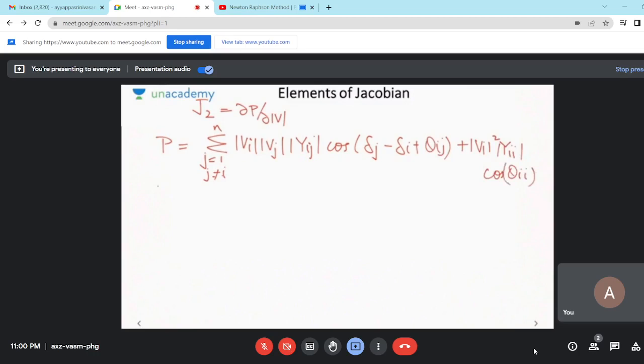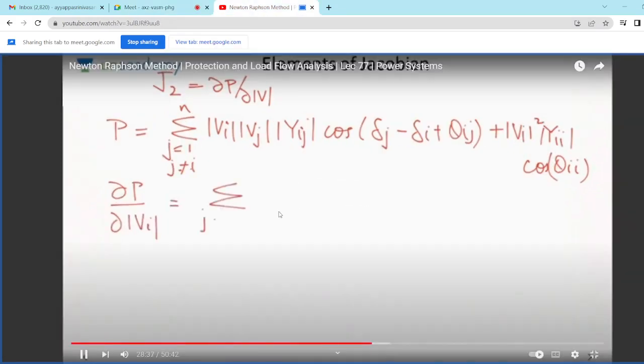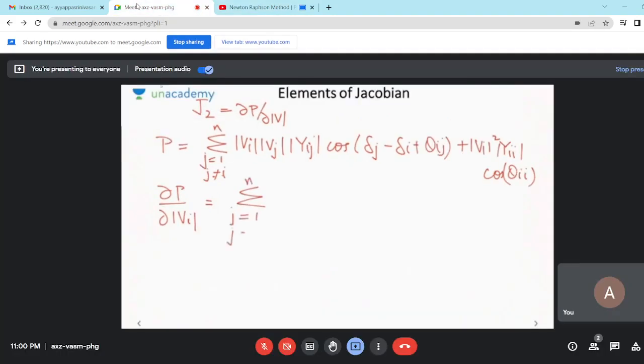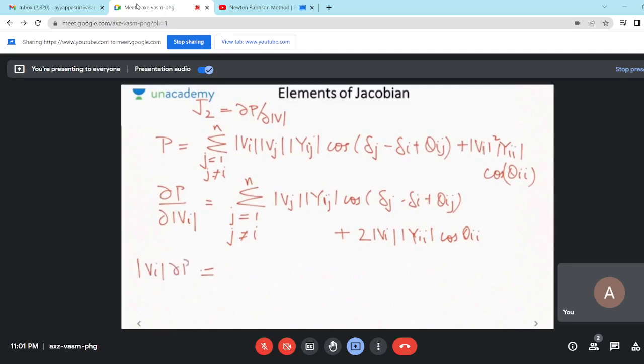Now if we calculate the diagonal elements, that is del P by del mod Vi, then this term would become sigma j is equal to 1 to n, j is not equal to i, mod Vj mod Yij cos of delta j minus delta i plus theta ij. Derivative of the second term would be 2 mod Vi mod Yii cos theta ii. Now multiply both sides by mod Vi.